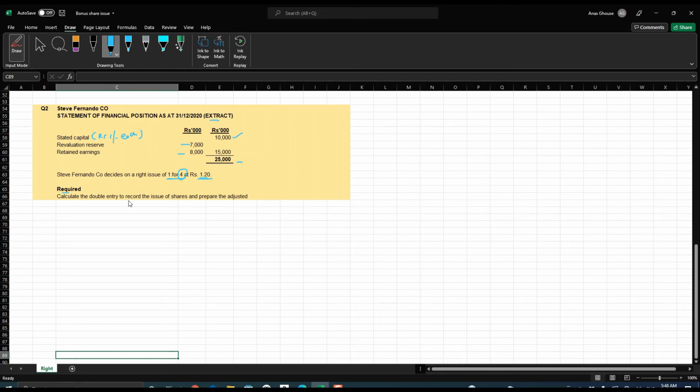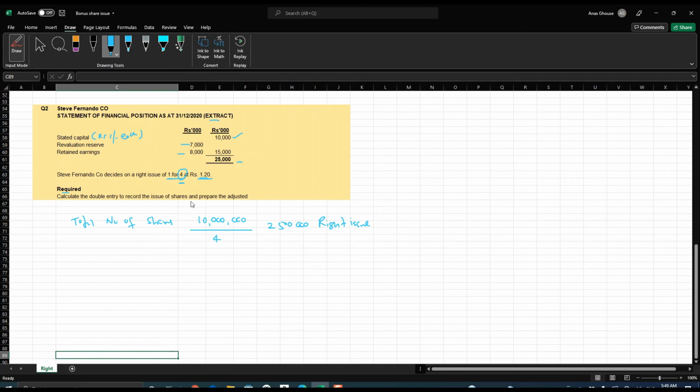Therefore the total number of shares will be 10 million. This 10 million divided by 4 will be 2,500,000 rights issue. Okay, this is the rights issue.